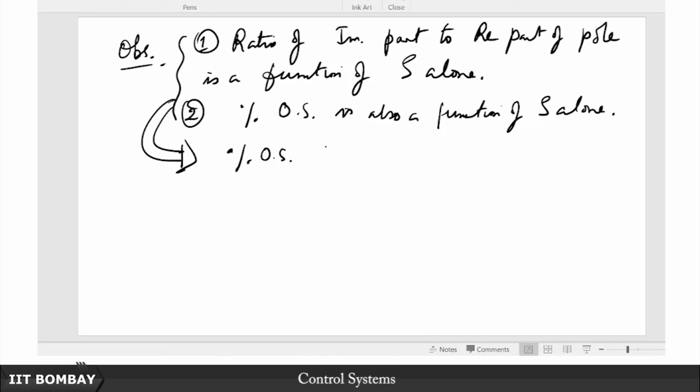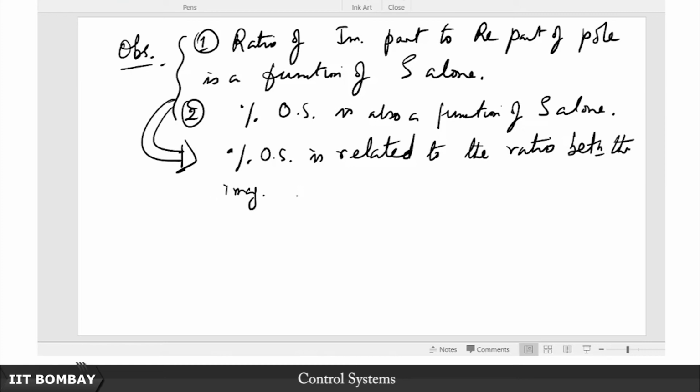Yeah. So now we see that this percentage overshoot is similarly related to the ratio between the imaginary and real parts of the poles.